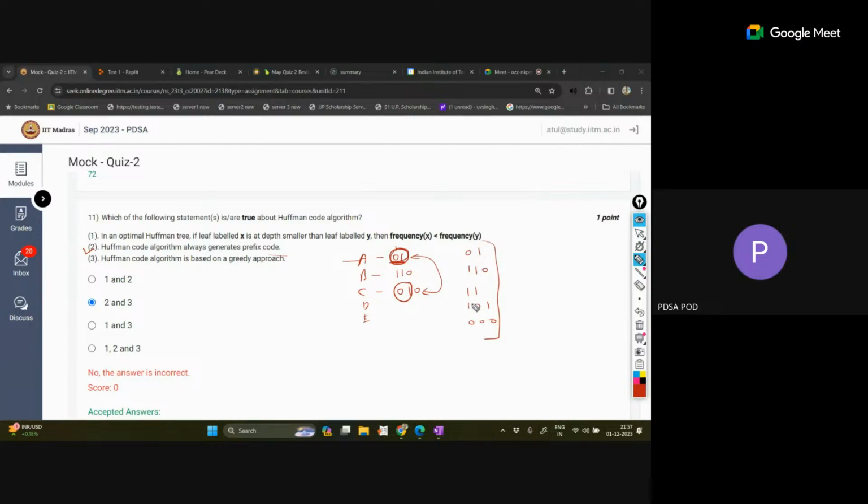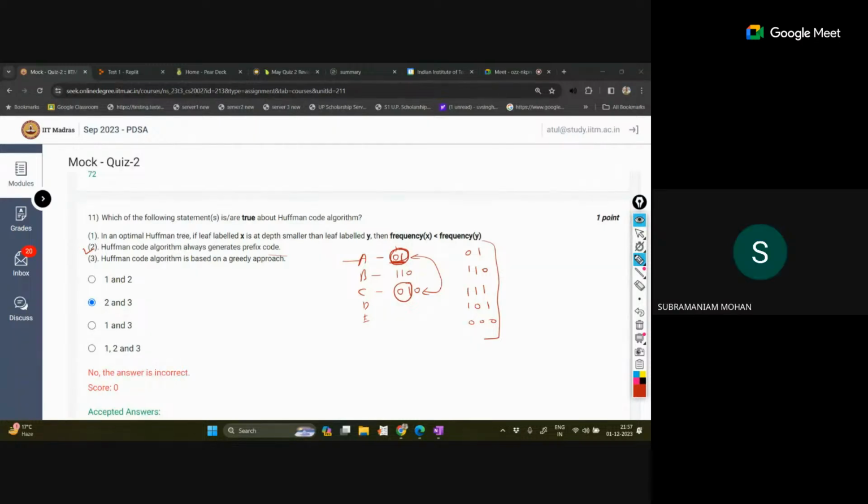So 01 is not coming as a prefix. Like this 11 is also, oh, this is wrong. Let me change this to 111. Here you can see that 110 is not coming as a prefix, 111 is not coming as a prefix. So any code cannot become a prefix of another code. So Huffman always generates this.